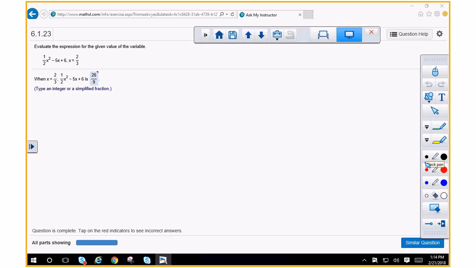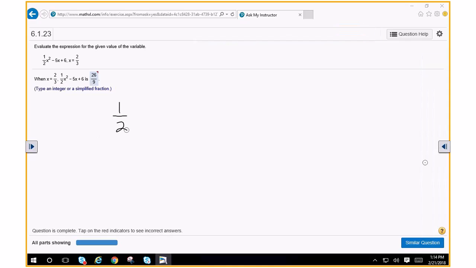Remember, wherever there's a variable, so 1/2 parentheses squared minus 5 times parentheses plus 6. 2/3. Change everything into a fraction.